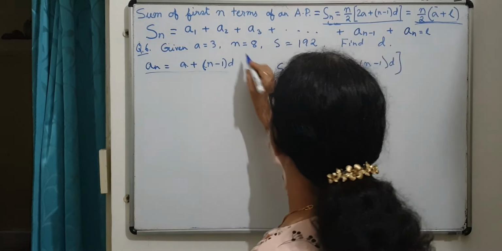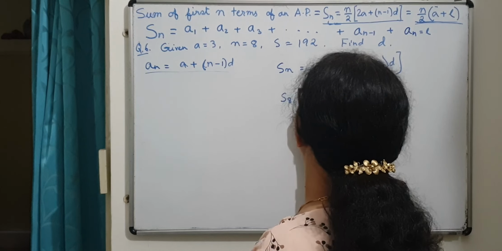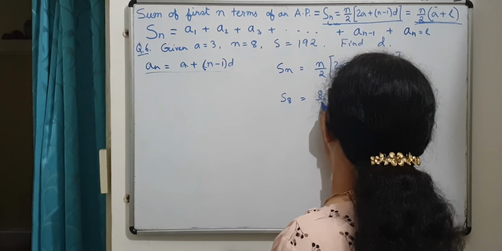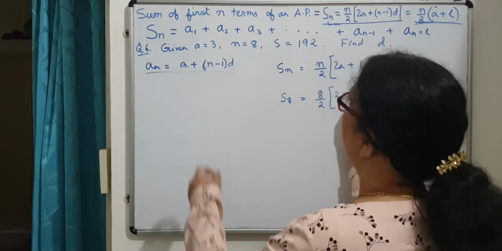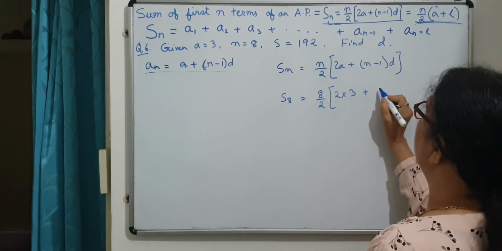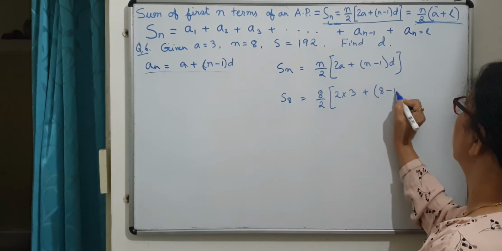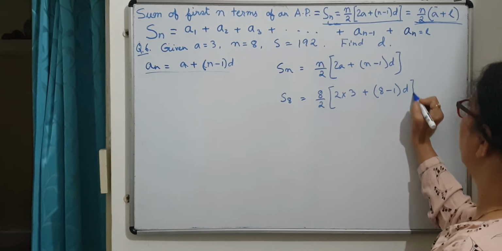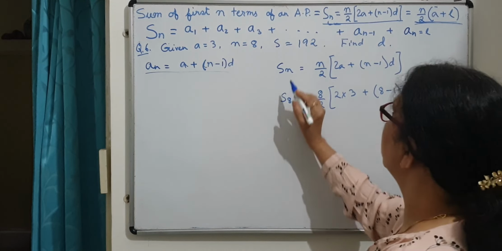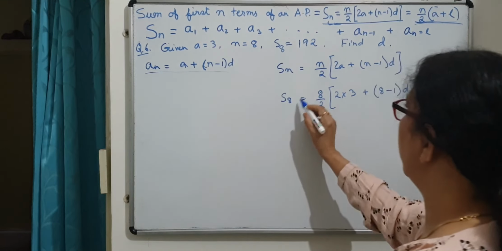And n is 8, so that is S8. It is 8 by 2 times 2 into A, which is 3, plus n, which is 8, minus 1 into D, which is asked to find. According to the question, this is nothing but S8, so this is 192.